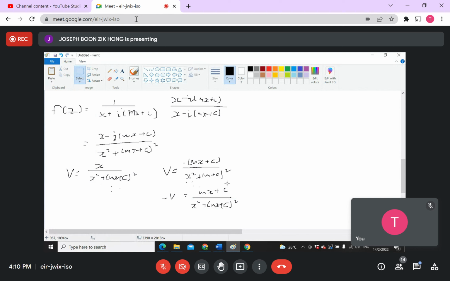Okay, and then what is next? You need to move your c and move your x, m there, sorry. So that means this one you will have negative v over... I know this one actually is my u plus iv. This is u, so this one will be equal to my u.